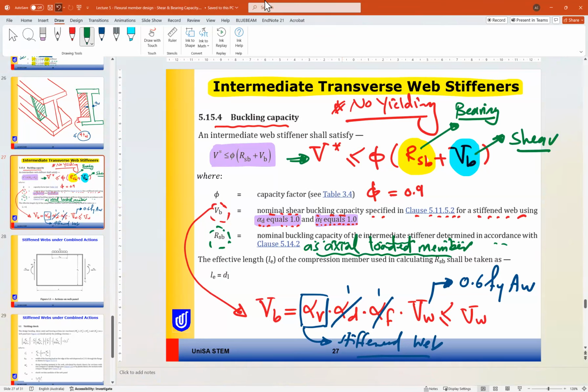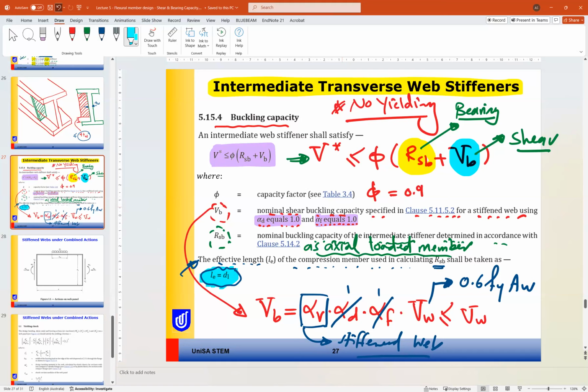Okay, is that okay? And the last parameter here is the effective length, L effective, of the compression member used in RSB, which will be taken here as D1. So we will take it as D1.